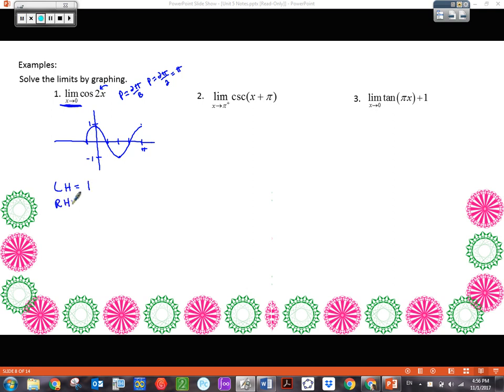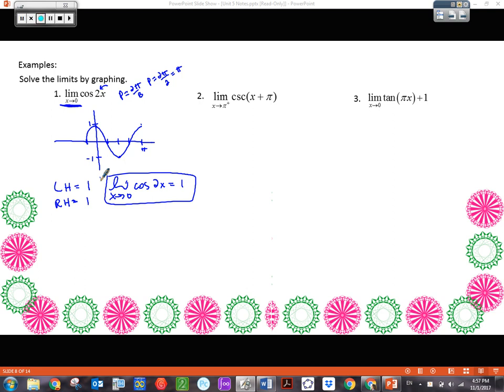And the right-hand limit, which means I'm coming from the right, that y value is 1. Since these two sides, the left and the right side, equal each other, then I know that the limit as x approaches 0 of cosine of 2x is 1. That's my result of this graph. Okay, so that's our very first example.